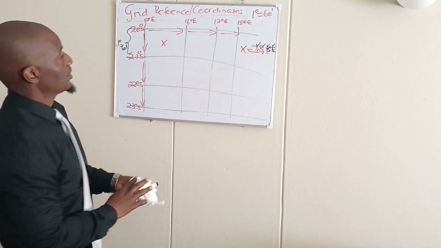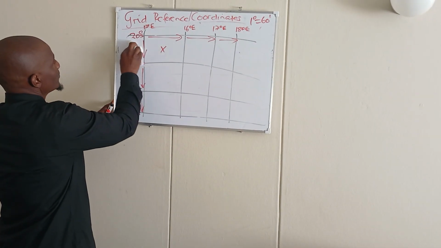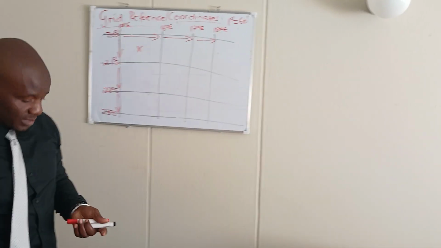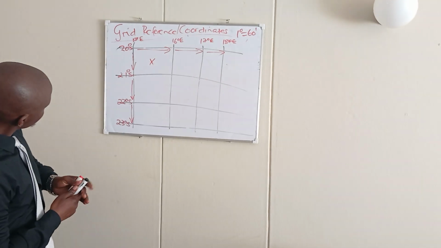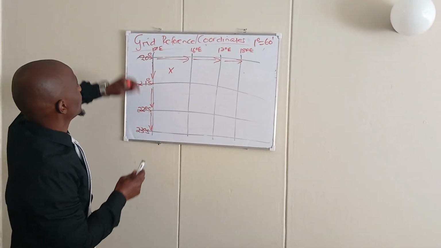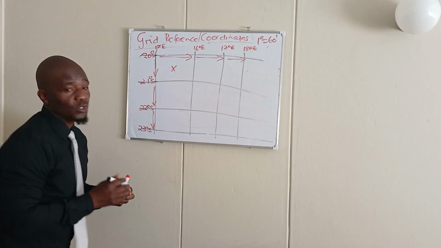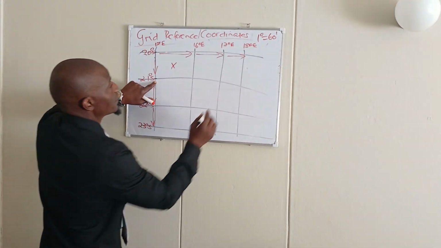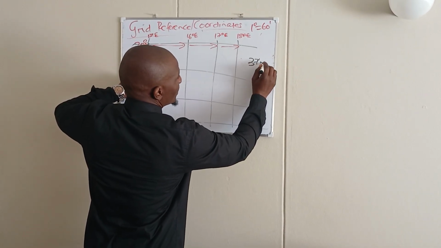Just do it with me. Okay, so here's how I'm going to do it. On your map, I'm going to give you a rule that you're supposed to use. If you look at your grid, let's say from this 20 up to there, if you look at the length from here up to there, you get 37 millimeters.